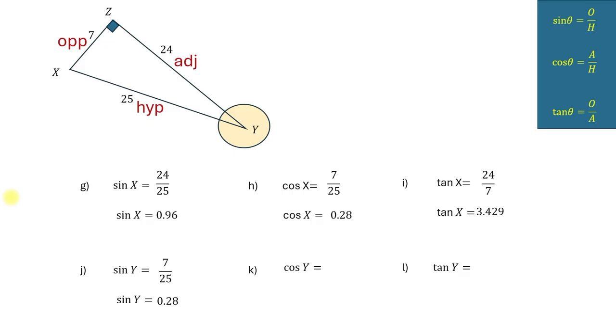The cosine, adjacent over hypotenuse of Y, is 24/25, our decimal of 0.96. And our tangent, opposite over adjacent of Y, is 7/24, a decimal number of 0.292.